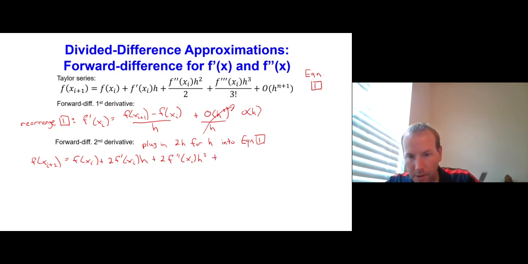And then what's left is going to be on the order of h cubed. Okay, and so we're going to call this equation 2.